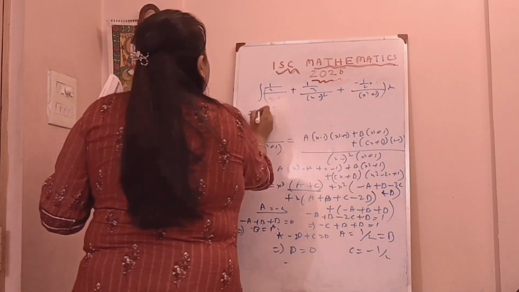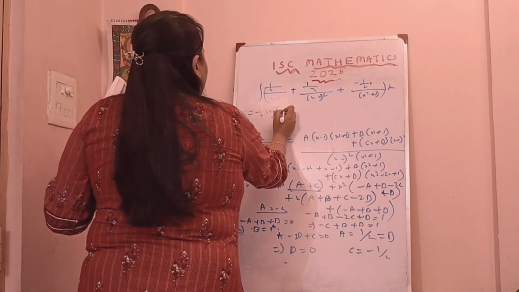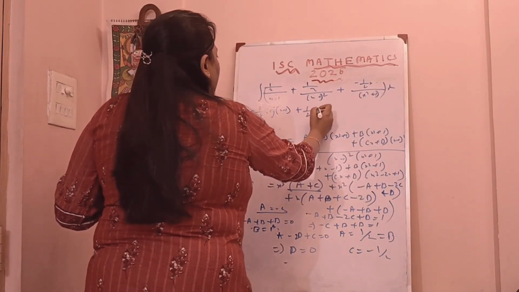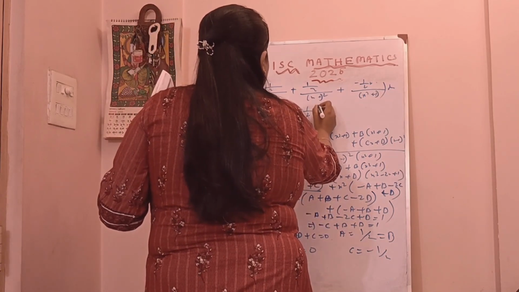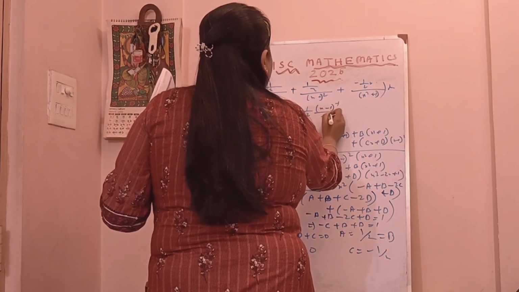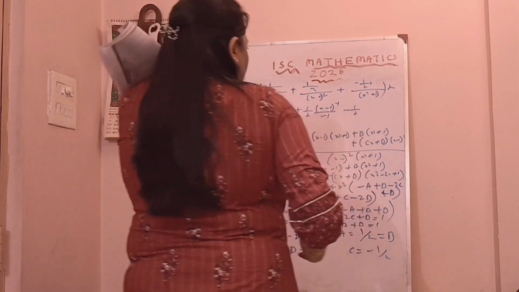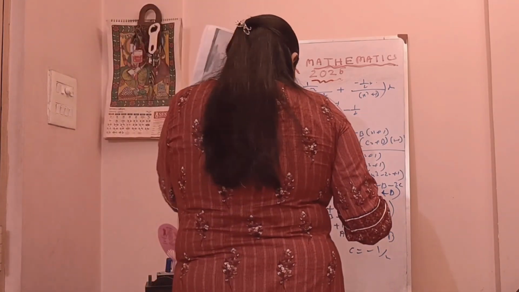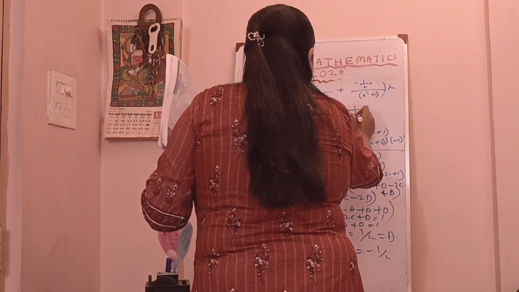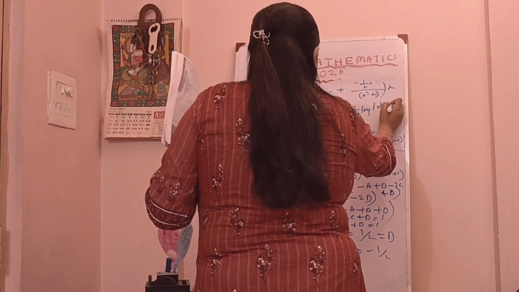This is half log (x minus 1) plus half x to the power minus 1 divided by minus 1, minus half. This should be 2x, the answer will be 1 by 4 log v plus c.